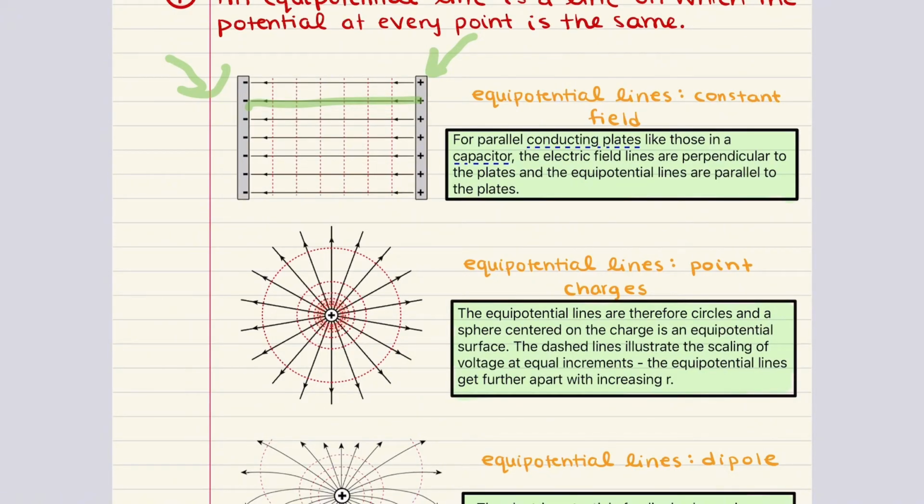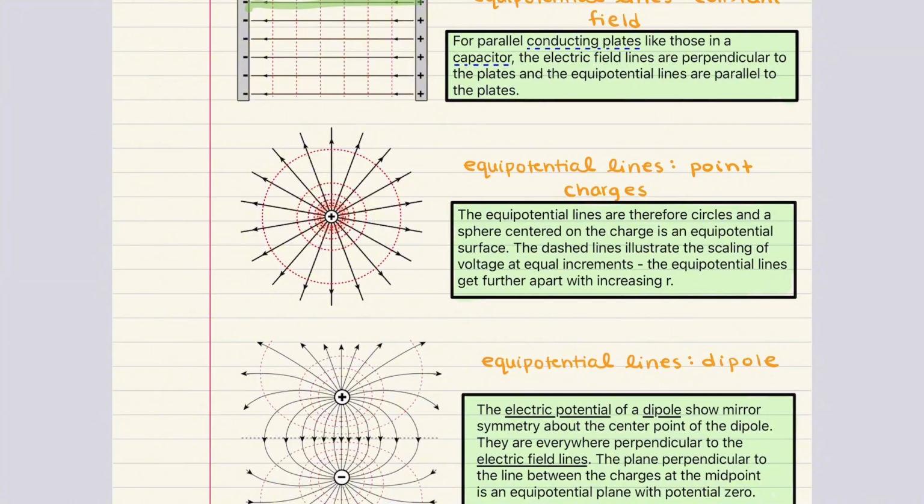The second scenario is equipotential lines around point charges. For a point charge, the situation is quite different. The electric field radiates outward from a positive charge or inward for a negative charge, and the equipotential lines form concentric circles around the charge.